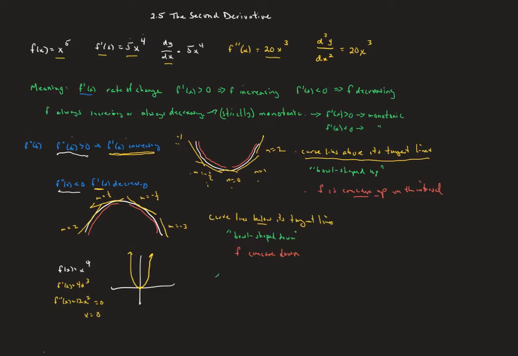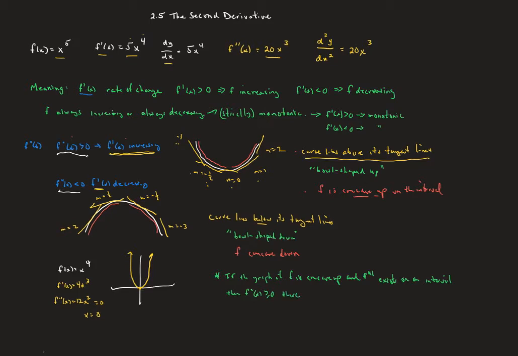here's our kind of fun fact thing here. If the graph of f is concave up and f double prime exists on an interval, then f double prime of x is greater than or equal to 0 on that entire interval.